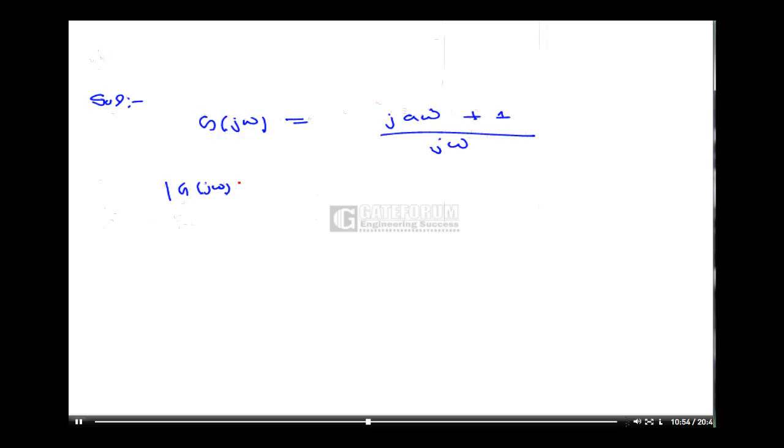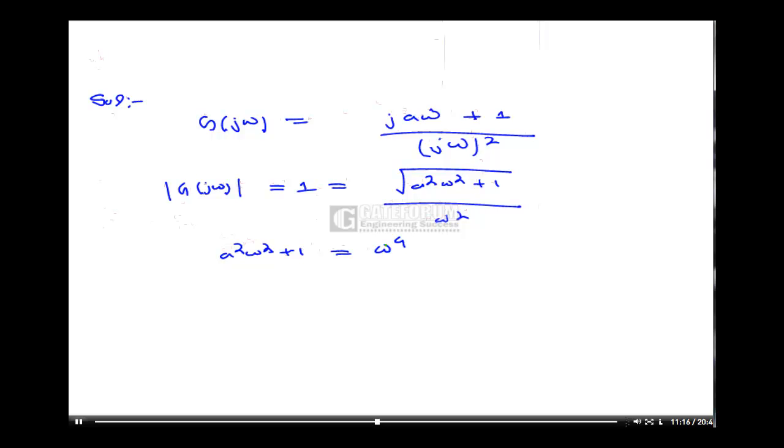So the magnitude of this must be equal to unity, that is, the square root of (a square omega square plus 1) upon omega square. On solving this, I get a square omega square plus 1 equal to omega to the power 4. So this will be quadratic in omega: omega to the power 4 minus a square omega square minus 1 equal to 0.